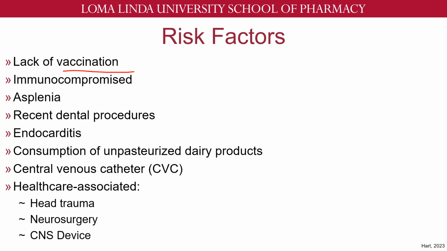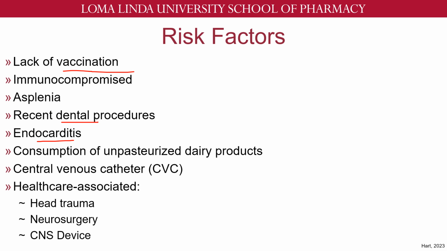A patient who has had recent dental procedures, if you think about the upper respiratory tract, that can include the oral flora, and so we can maybe see some of the pathogens that live normally in our oral flora translocate into the brain and cause infection. Patients who have endocarditis will have a very high bacterial inoculum by default.